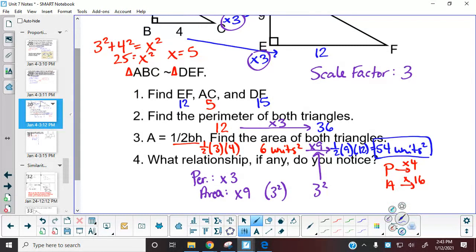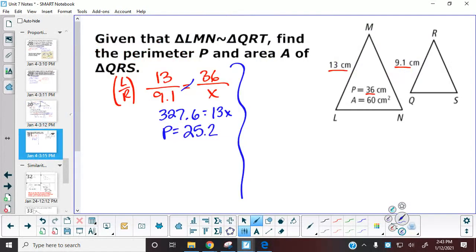When you're dealing with area, much like here, you're using your scale factor squared. Your scale factor here is 13 and 9.1, and you're going to square that. So 13 squared is 169. 9.1 squared is going to give us 82.81.